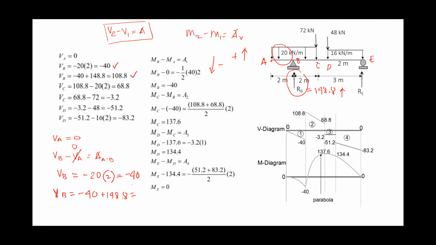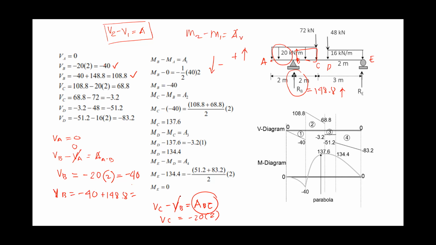Tapos, pagdating sa C, susulat ulit natin siya na VC minus VB is equal to area ng B to C. So, ang VC natin is equal to area ng B to C. Ito naman siya. 20 times 2 ulit. Pababa. So, negative 20 times 2.